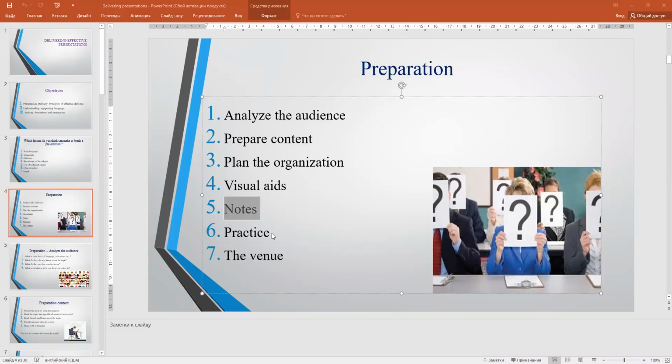If you forget something important, if you can take notes from your lecture at the culminating point, you can save the main information.